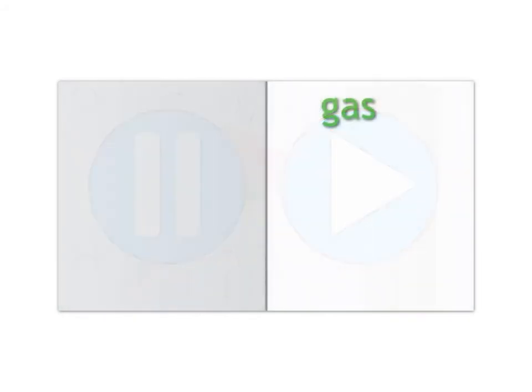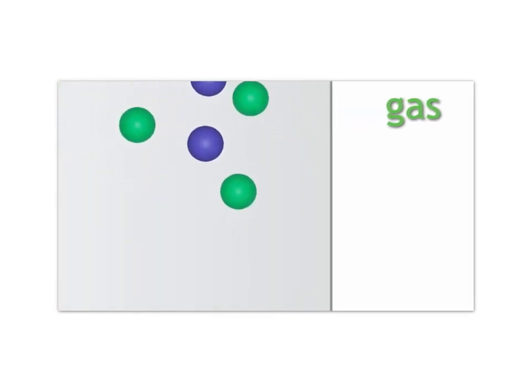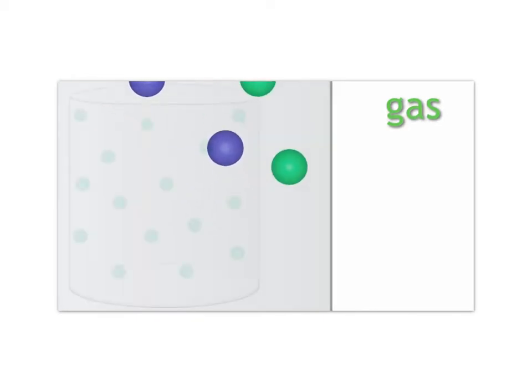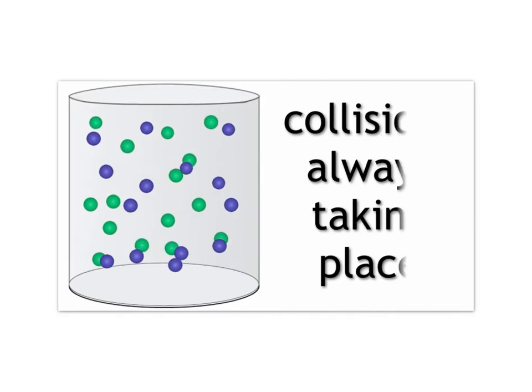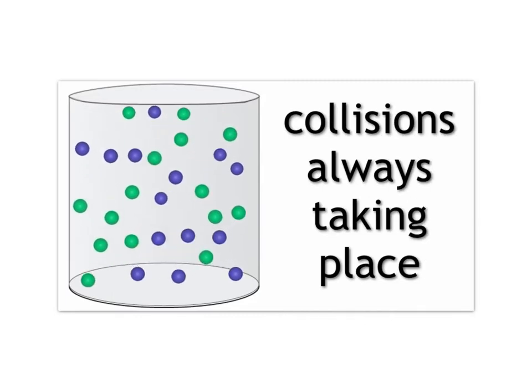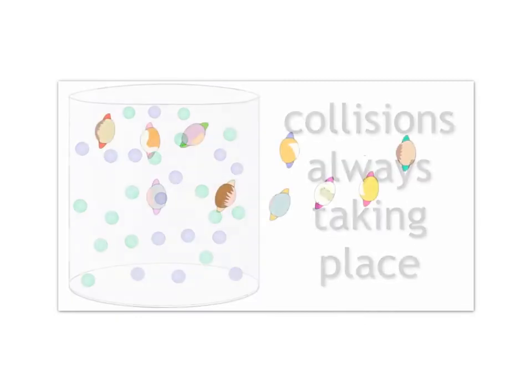Well, just as the gas particles can hit the walls of a container and rebound, the particles can also hit each other. It doesn't matter if there is only a single gas or a mixture of gases. These collisions between particles are always taking place. It's very similar to trying to walk in a straight line through a busy crowd of people or a marketplace.